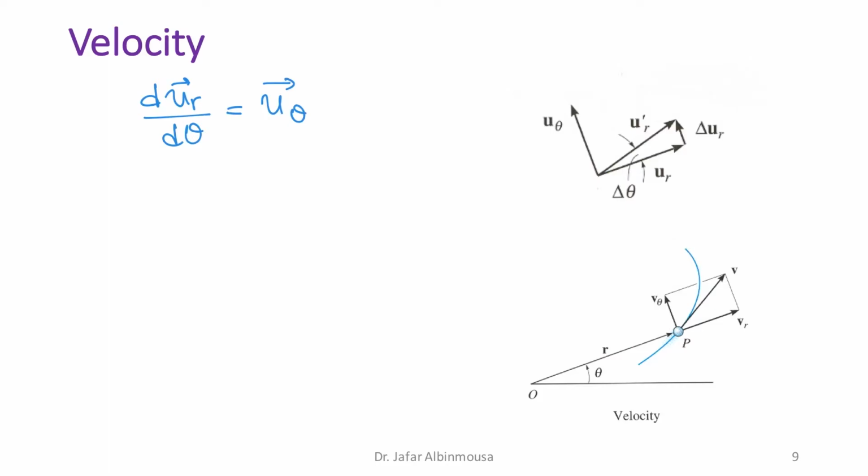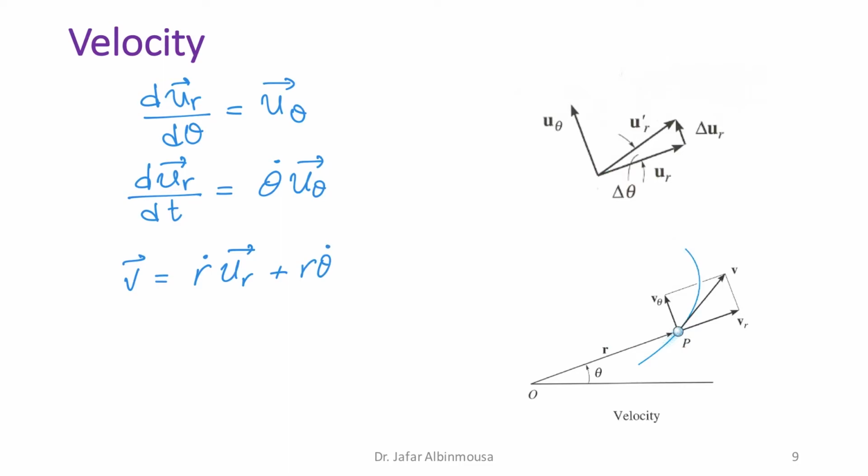But I'm not going to go through it. You can go check it from the textbook. If this is what we get, then dur over dt is going to be theta dot multiplied by u theta. Therefore, we will have the velocity vector equal to r dot ur vector plus r theta dot u theta vector.